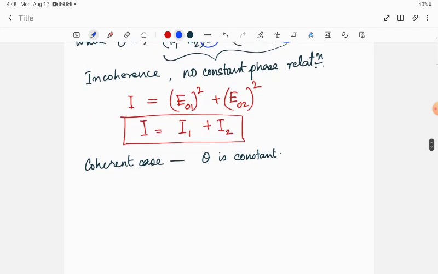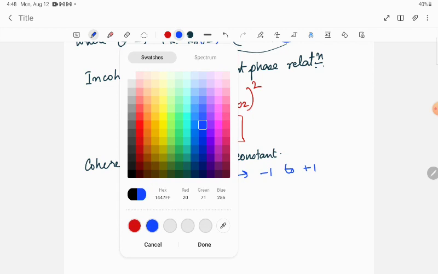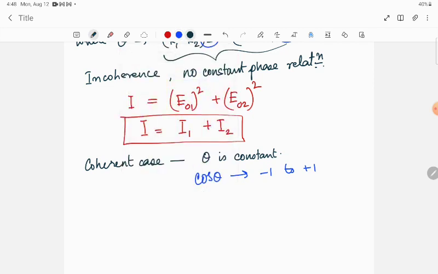So in that case, your cos theta actually varies from -1 to +1, but each definite point has a definite phase. If that is the case, then what happens? It's easy to see from here. Let's say E01 was equal to E02, which is the ideal case where both the beams have the same intensity.